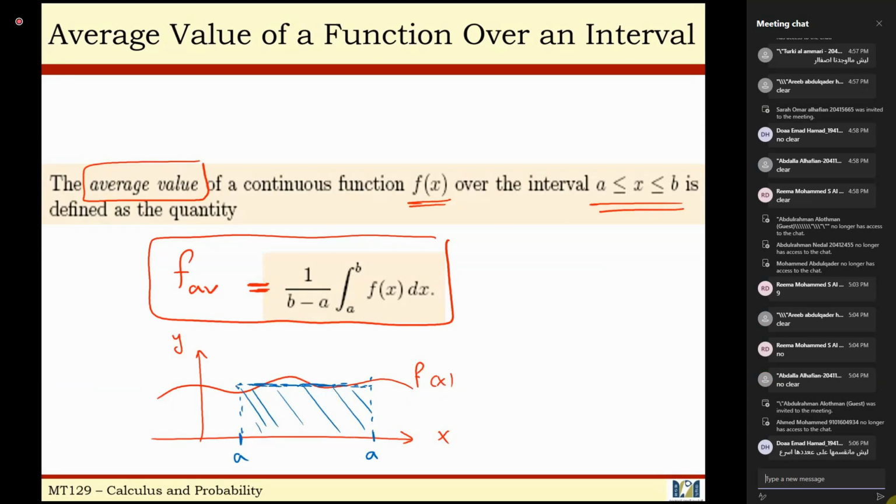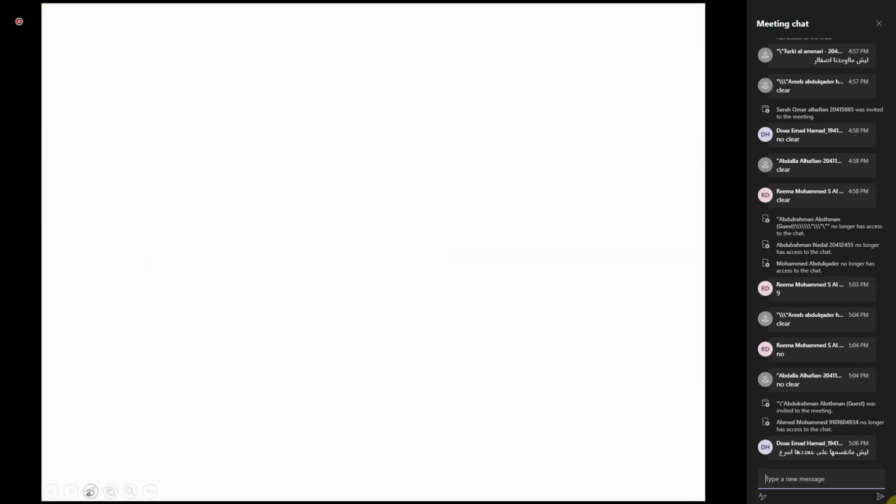So this is the integration from a to b of f of x and multiply by the fraction 1 over b minus a.